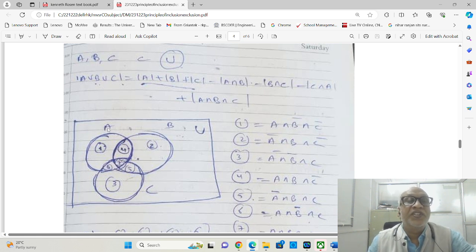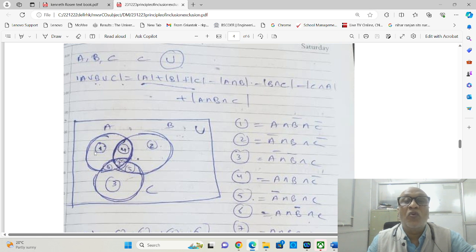So there is set A, there is set B, there is set C. We are labeling them as 1, 2, 3, then this is 4, 5, 6, and this is a common portion which is excluded by everybody. That's why it has to be added again.